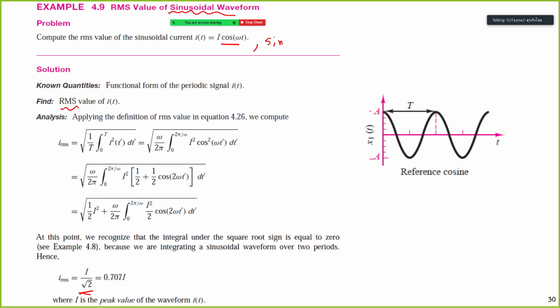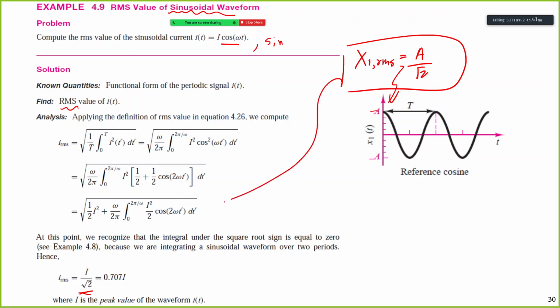Here this is the peak value. So the RMS value of this x1 equals A divided by square root 2. It is easy to get the RMS value. Instead of solving from this equation, we don't need to solve by this equation. We just divide the peak value by square root 2. Okay, so we call this the RMS value.